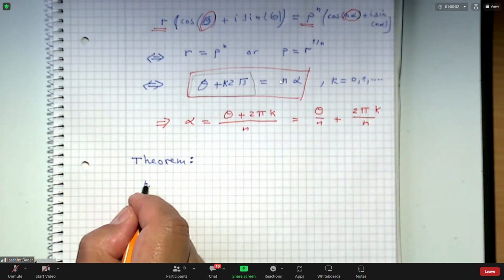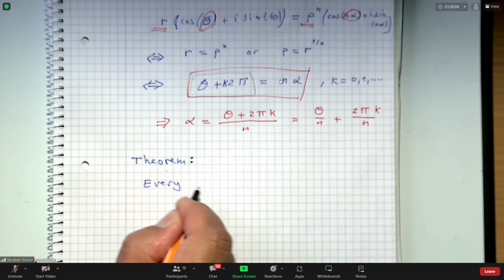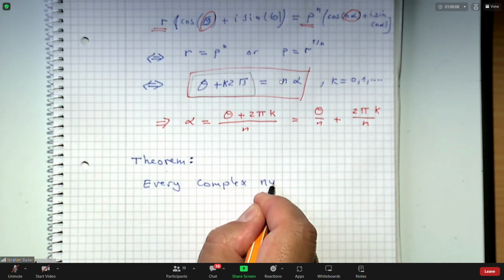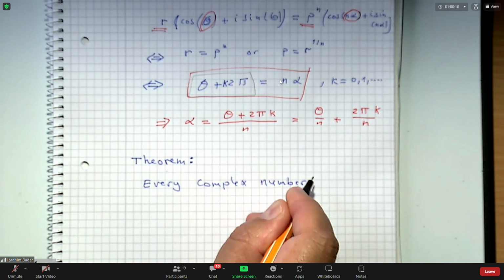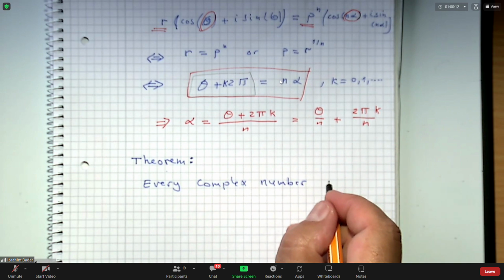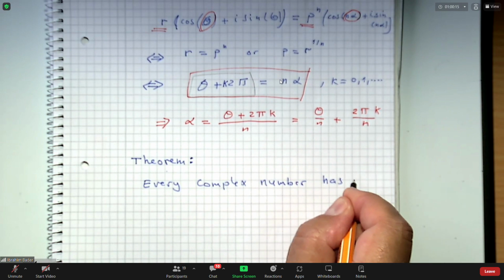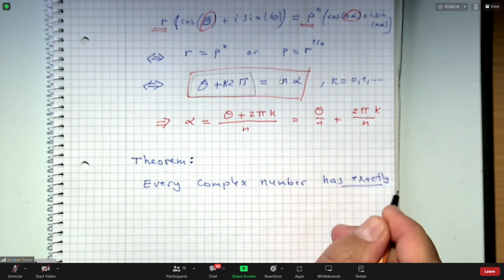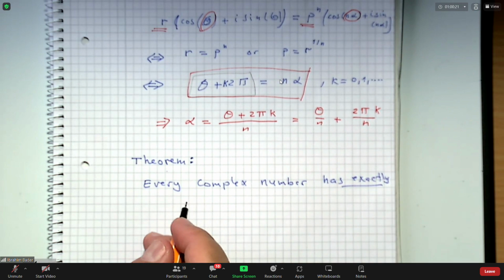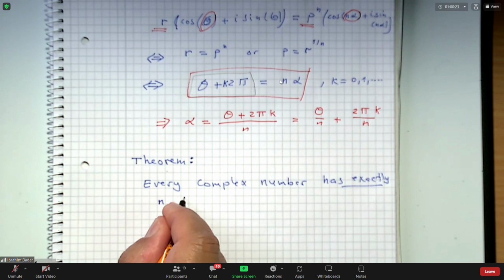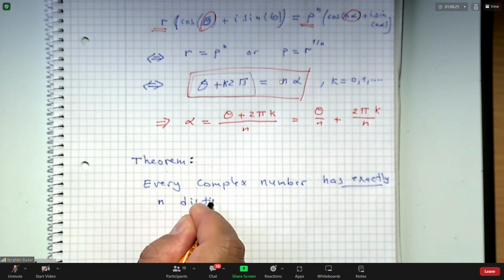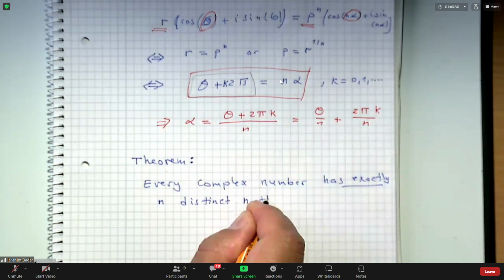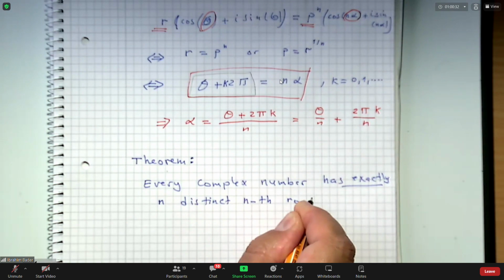So this theorem says that every complex number has exactly n distinct nth roots.